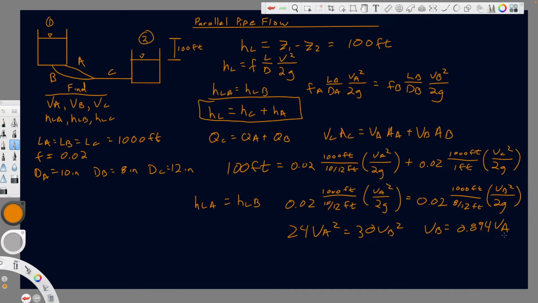Okay, so now we have a direct relationship between the velocity of B and velocity of A. We have a relationship between velocity A and velocity C, and now we can put some of these together with the continuity here with the flow rates.